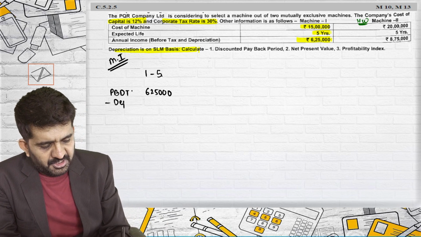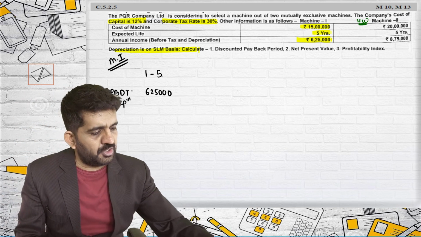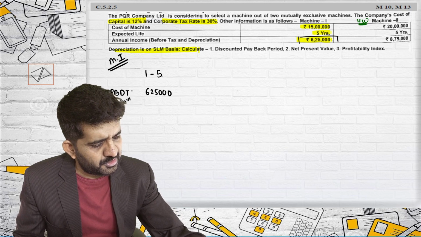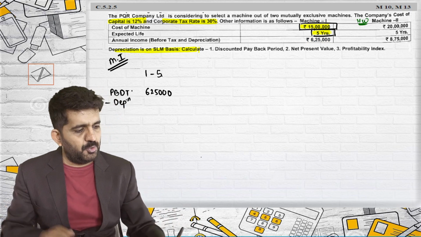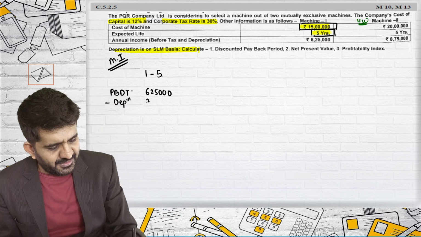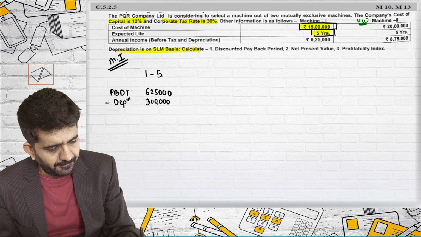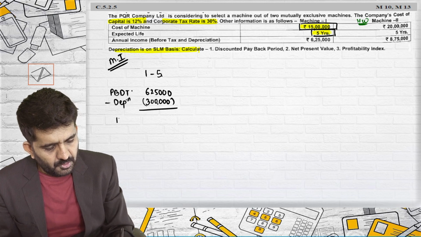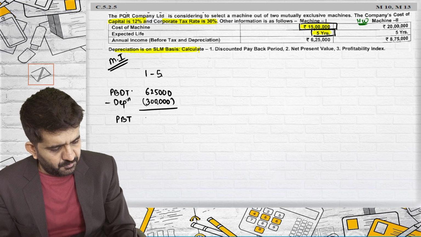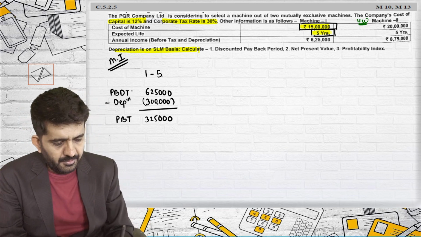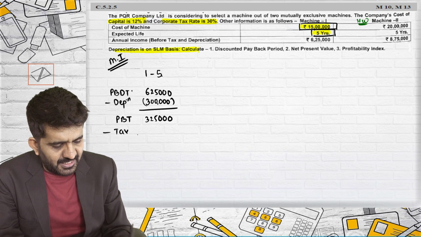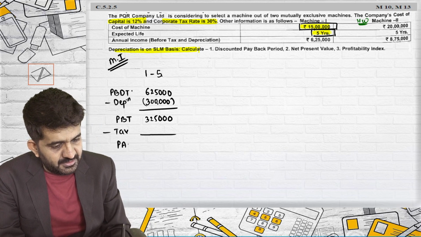Minus depreciation. Depreciation on straight line basis is cost divided by number of years. Scrap value I am assuming 0. So this will be 3 lakhs. Profit before tax will be 3,25,000. Minus tax, I will be getting profit after tax.